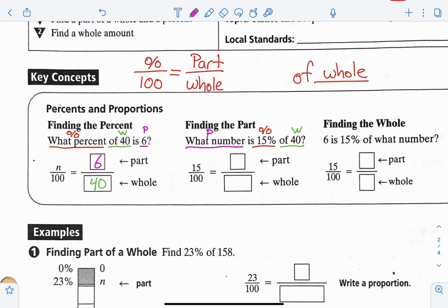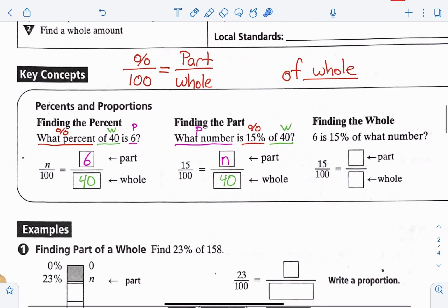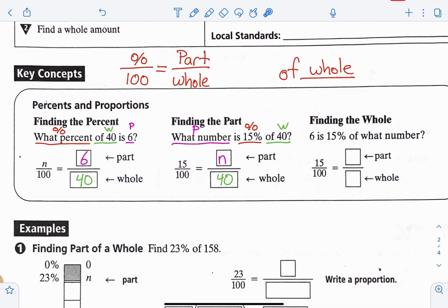We're going to put our part on top. We don't know what our part is, so they're just using an n. And then over the whole, which we know is 40. So if the thing you don't know is the part, you're going to have two numbers in this fraction and then something over 40.